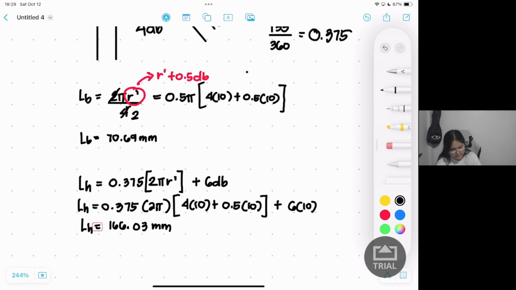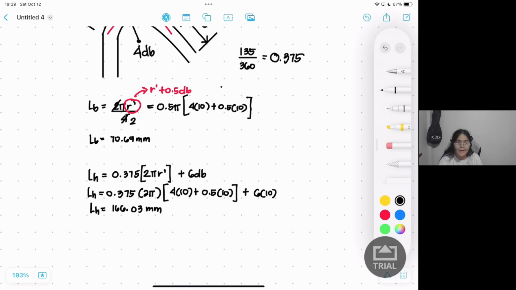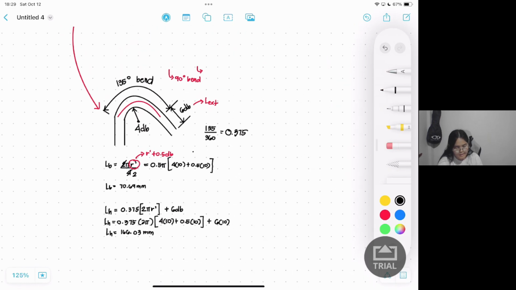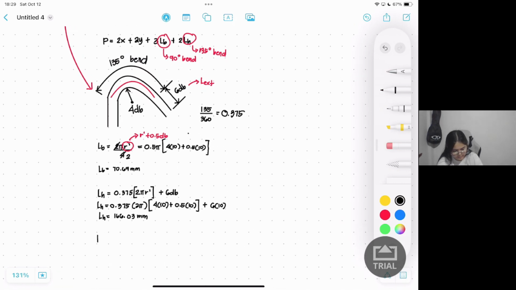Okay? And then, kapag nakuha nyo na yung length ni LB at LH, pwede na nating isubstitute ngayon sa formula ng perimeter natin. So, dito yan galing ito.